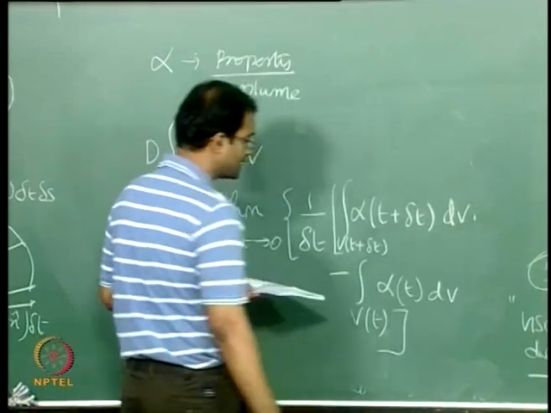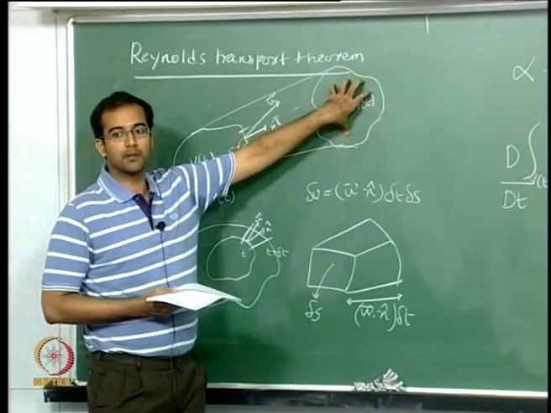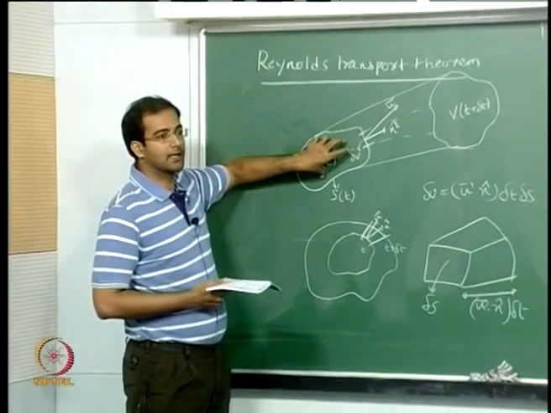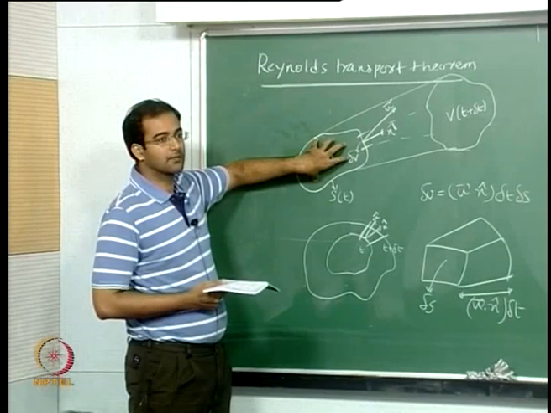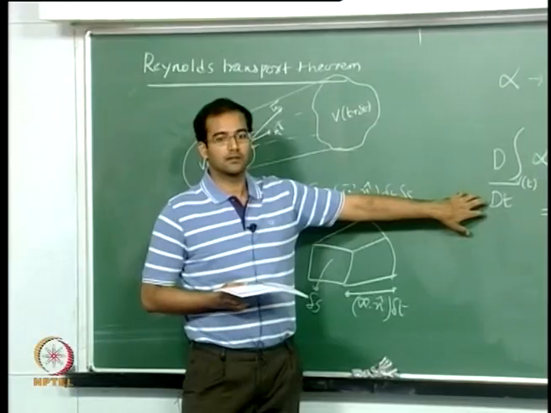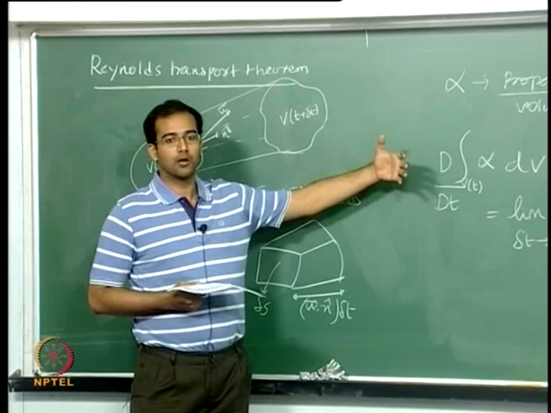If I take this difference, the property at t plus delta t for this volume minus the property at t for this volume, divided by delta t, it gives me the change of this property due to the change in the volume and over time.